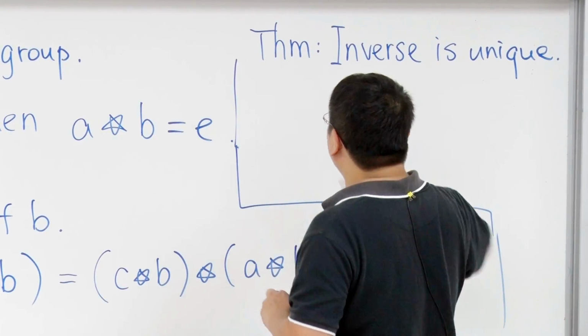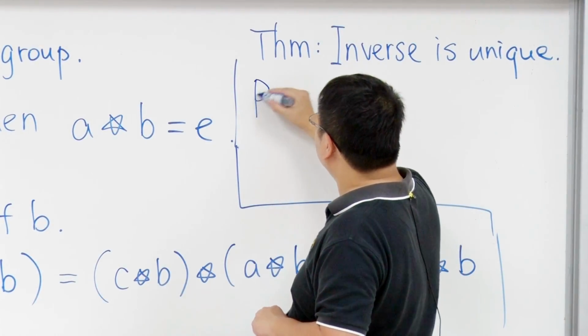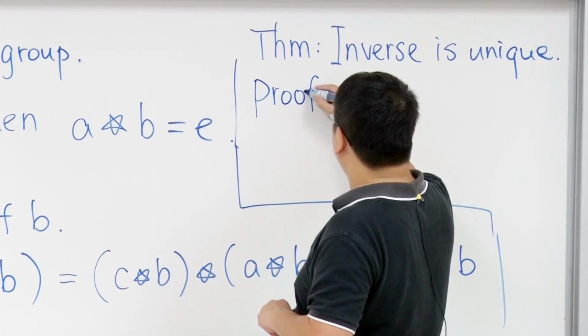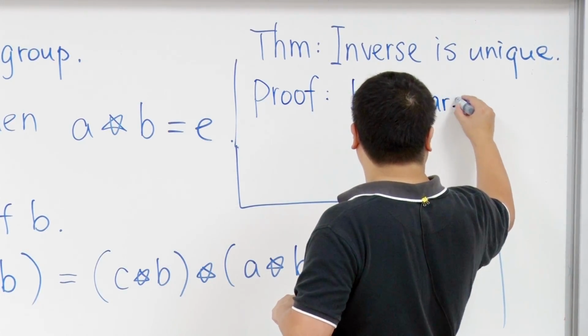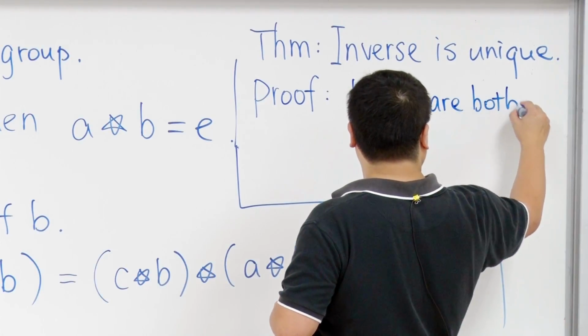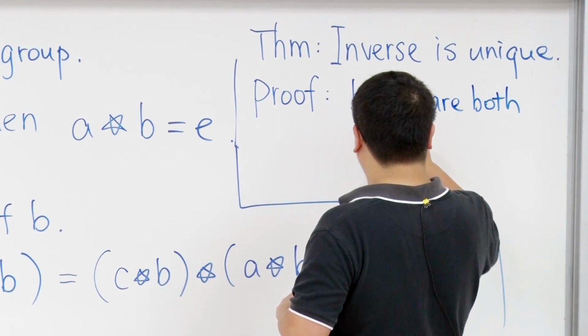Let's say we have a proof here. Suppose that B1, B2 are both inverses.